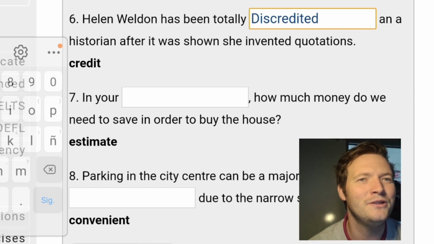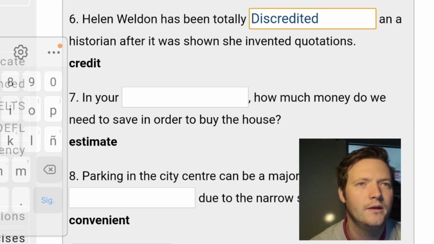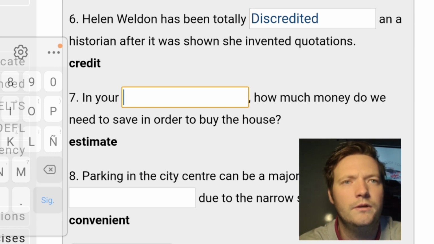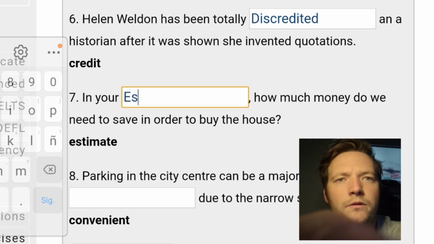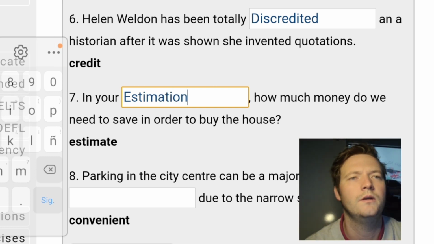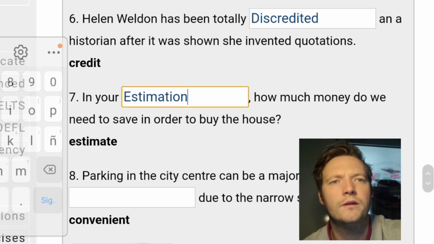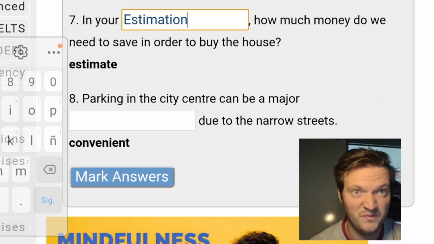Okay, number 7. In your estimation, how much money do we need to save in order to buy the house? In your estimation, yeah, I think that's right. Okay, number 8.